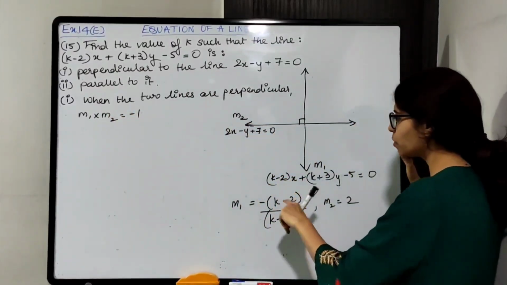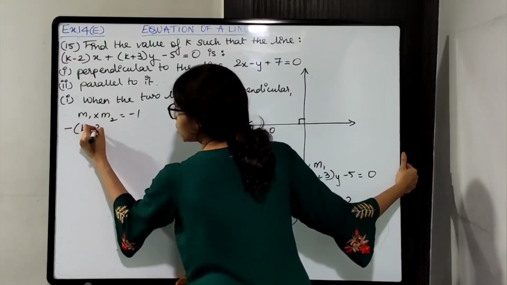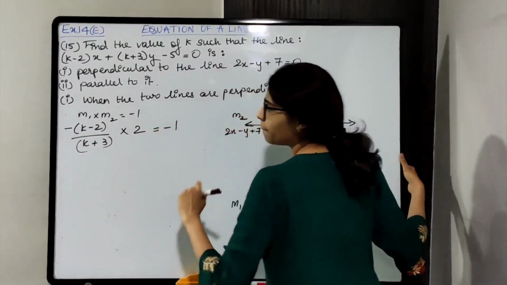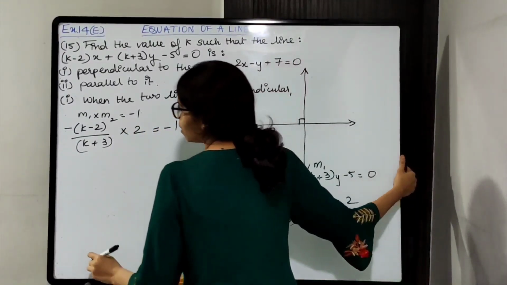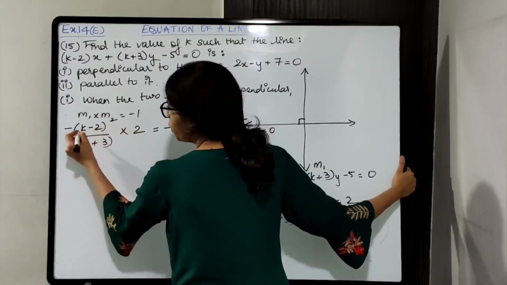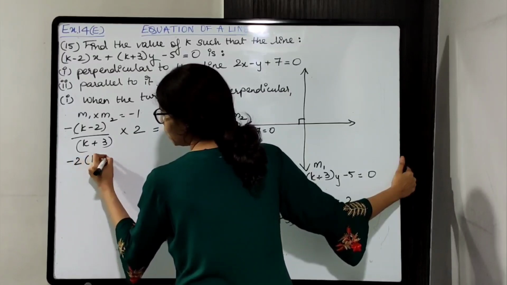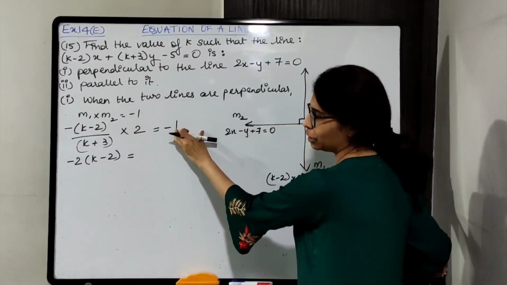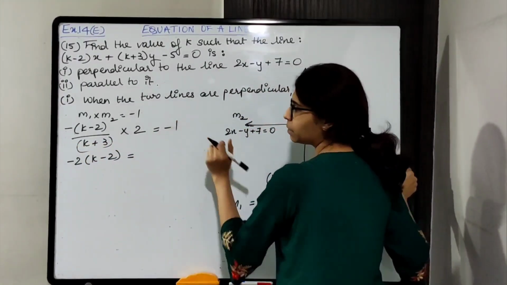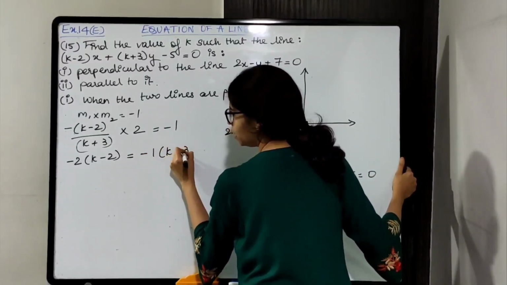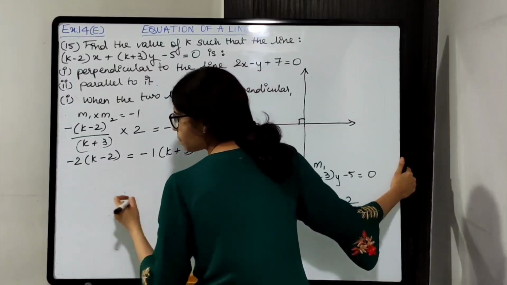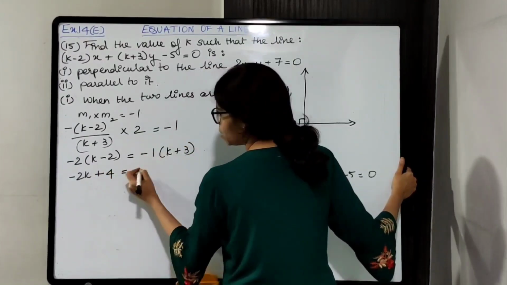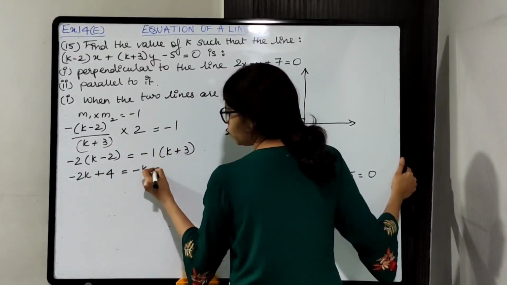Put the values of m1 and m2: m1 is minus (k minus 2) upon (k plus 3) into m2 which is 2, equals minus 1. Now open the brackets. So 2 into, I'll keep it like this. Minus 2 into (k minus 2), and shift k plus 3 here. So it will go in the numerator, and it will get multiplied with minus 1. So minus 1 into (k plus 3). Open the brackets: minus 2 into k is minus 2k, minus into minus plus, 2 twos are 4; minus 1 into k is minus k, minus into plus is minus, 1 three is 3.